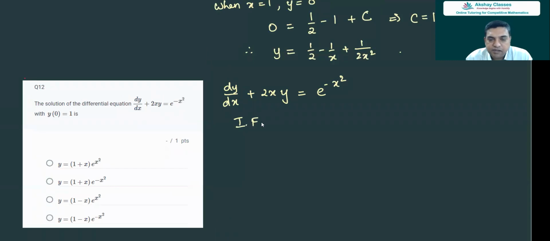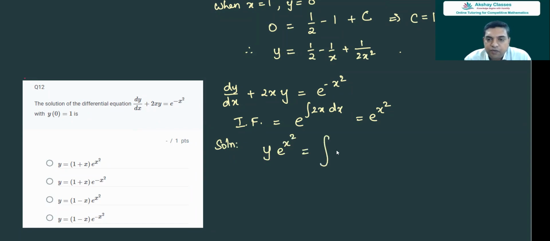Integrating factor will be e power integral 2x dx, which is e power x square. So solution is y times the integrating factor is equal to integral of the integrating factor times q dx plus c.